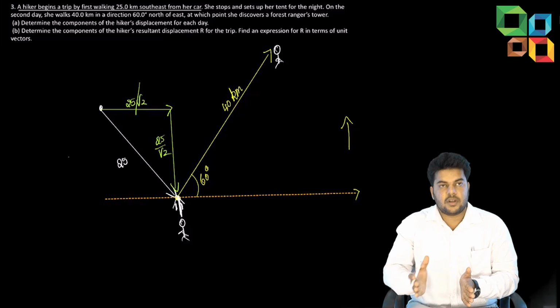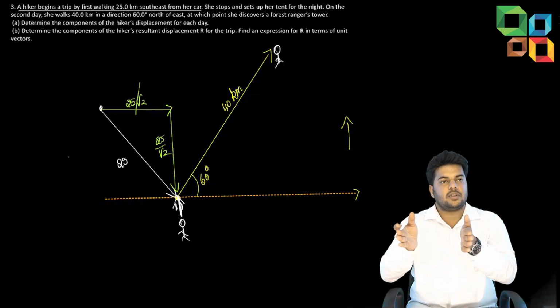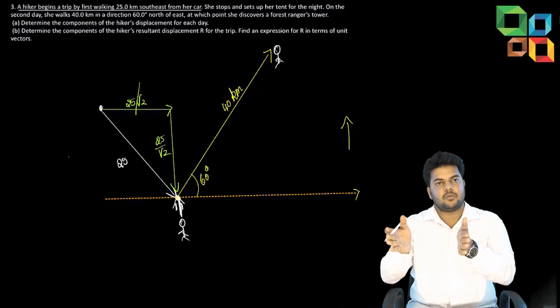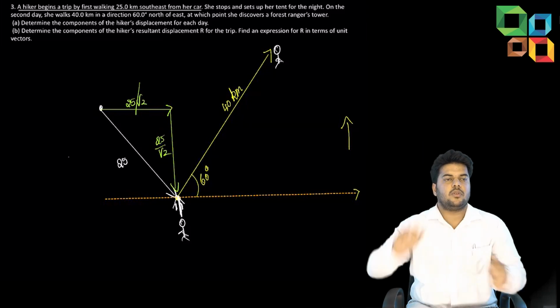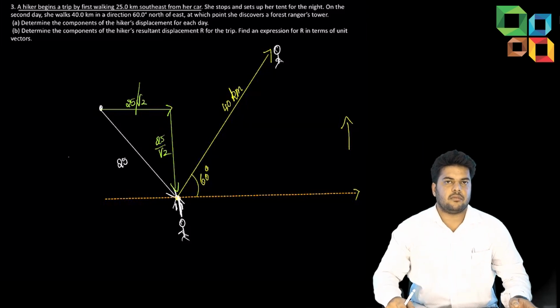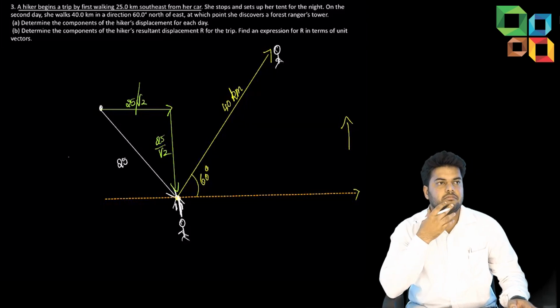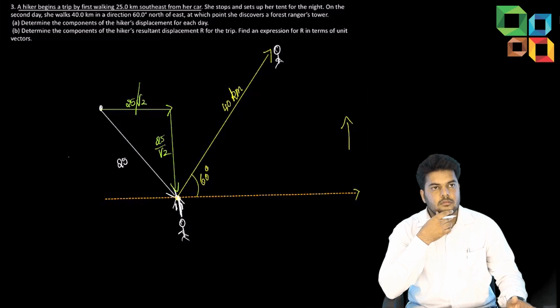Yes, sir. She has gone towards the right, isn't it? She's gone towards the right a little bit, that right meaning eastward, and she has gone towards the north direction as well. So I want you to tell me how much. So what do you recommend here? Because right now all I have got is a 40-kilometer line, right?